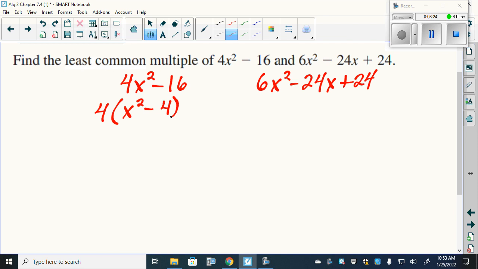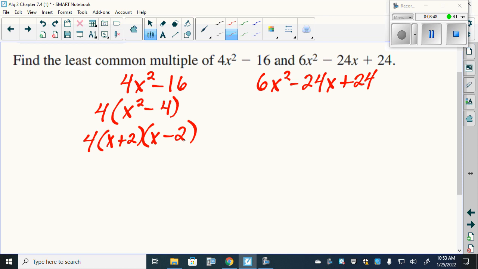Now, are we able to factor the x squared minus 4? Well, yes, and it is one of our special ones, because that is a difference of perfect squares. And that would factor into x plus 2 and x minus 2. And that would be completely factored.